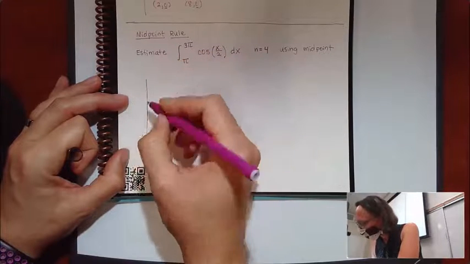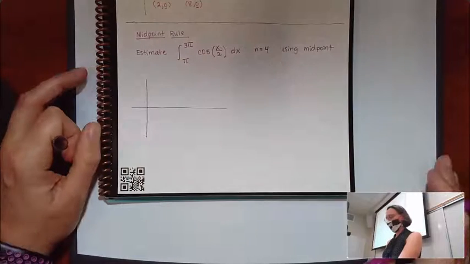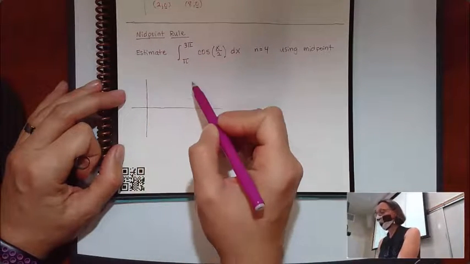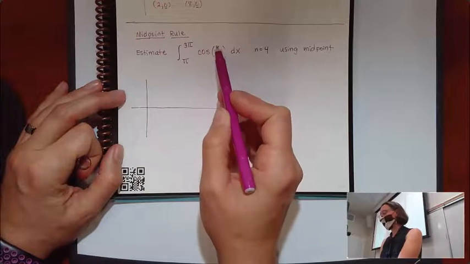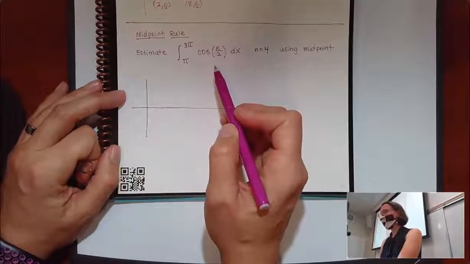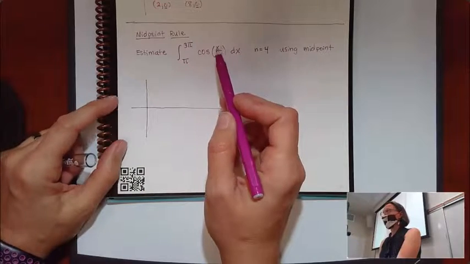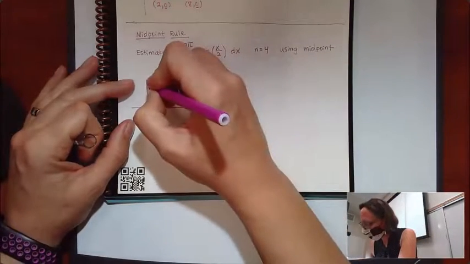What this integral is saying is that we're taking a look at cosine of x over 2. Cosine starts up at the top and normally completes a cycle in 2 pi, but I have changed the period here. So 2 pi divided by 1/2 is 4 pi.